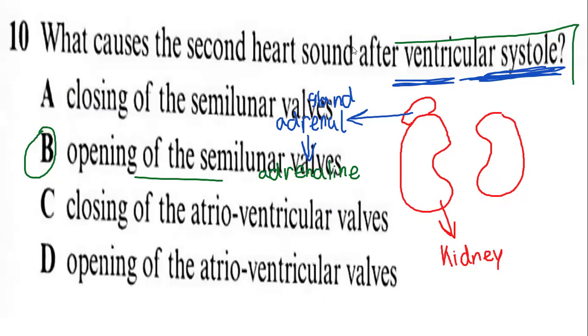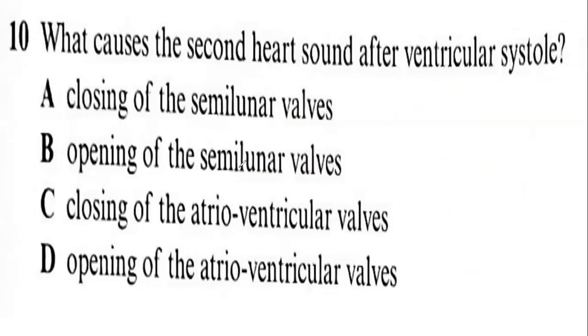Okay, next question. Question number 10 says, what causes the second heart sound after ventricular systole? By the way, like we said, what is systole? Systole is contraction or squeezing.